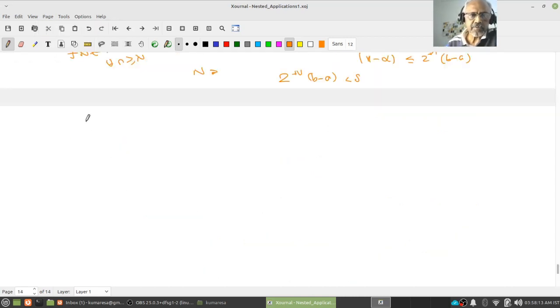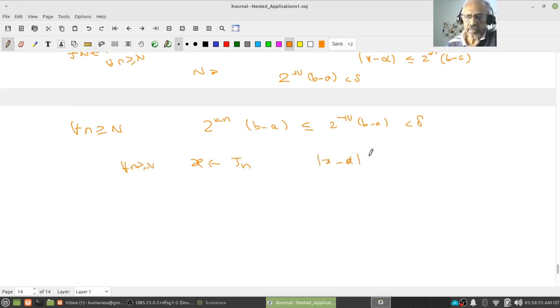In particular, for all n greater than or equal to N also, 2 to the power minus n into b minus a is less than or equal to 2 to the power minus N into b minus a, which is less than delta. That means for all x in J n, mod x minus alpha is less than delta. That means x belongs to alpha minus delta to alpha plus delta. That implies J n is contained in alpha minus delta to alpha plus delta.